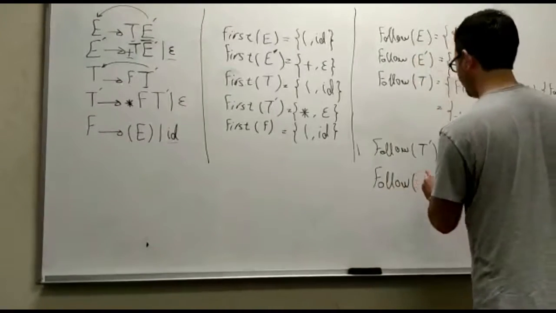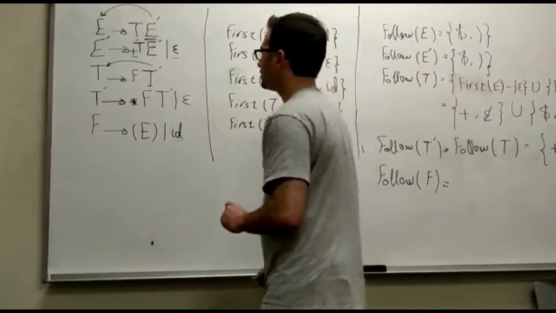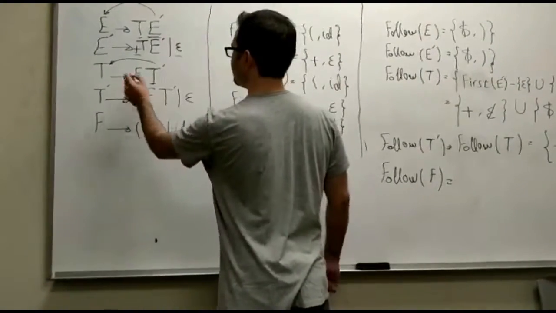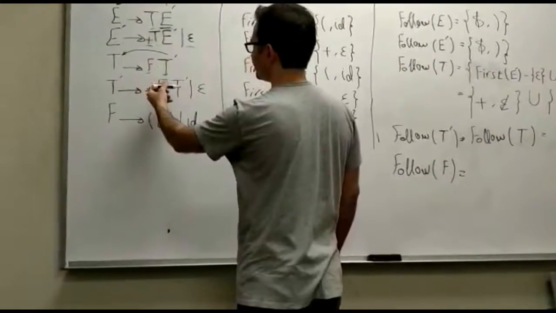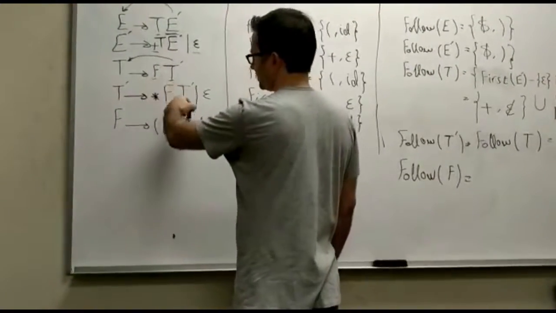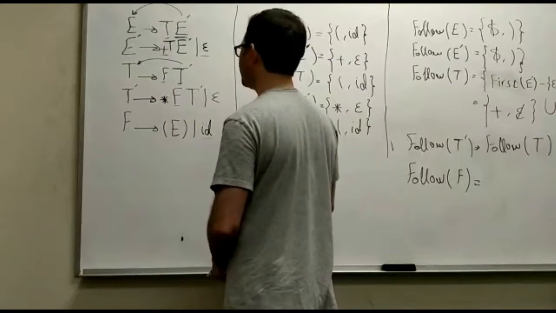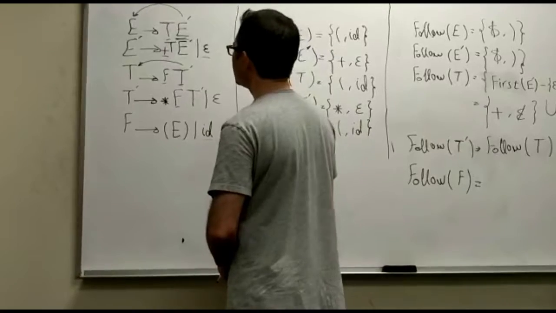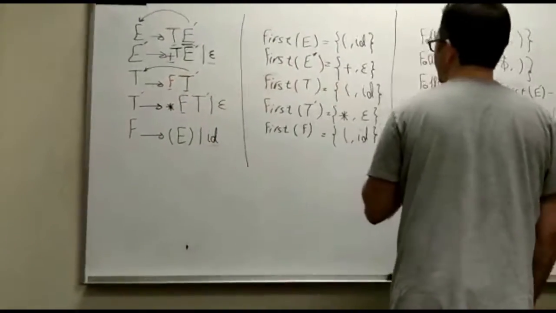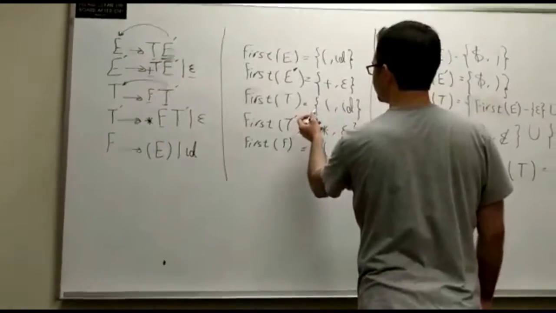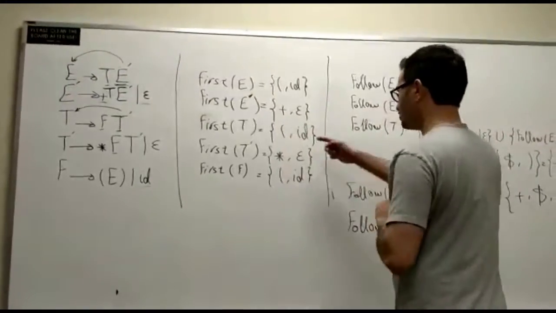And the last symbol is follow of F. Okay, so we have F here and here. In both cases, we have T prime on the right side. So we should go for first of T prime. So what is the first of T prime? It is star and epsilon.